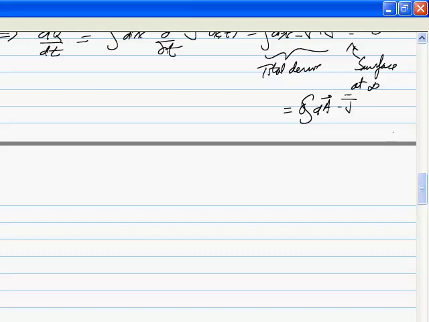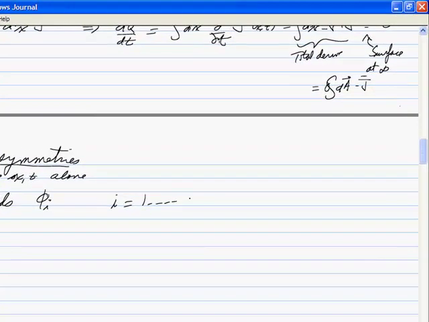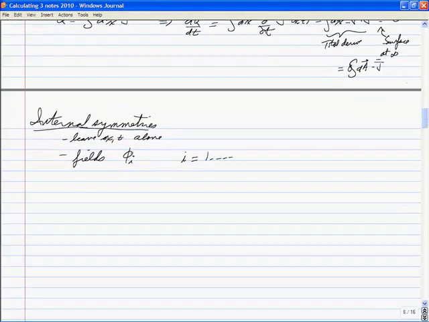Okay, so what's an internal symmetry? In this case, you leave the space-time variables, you don't touch them, but you do transform the fields. So if you have a set of fields, let's just call them phi_i, where i is equal to 1, 2, 3, etc., there's some transformation among these fields that leaves the Lagrangian invariant.